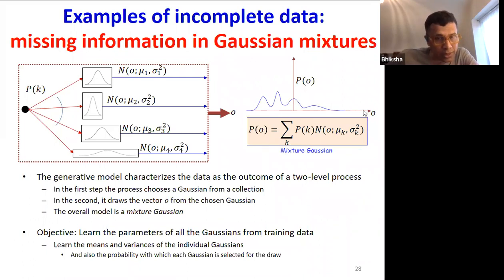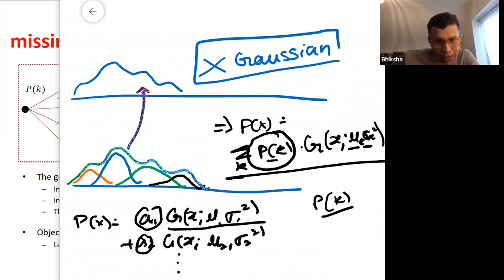There's a generative story behind Gaussian mixtures. The generative model is that there's this box, and inside this box is this generative character who has many different Gaussians at his disposal. In order to generate a single observation, he first selects one of these Gaussians and then draws a vector from that Gaussian.